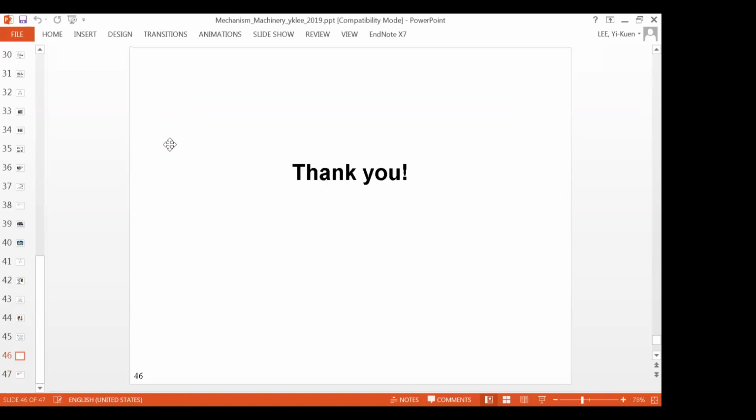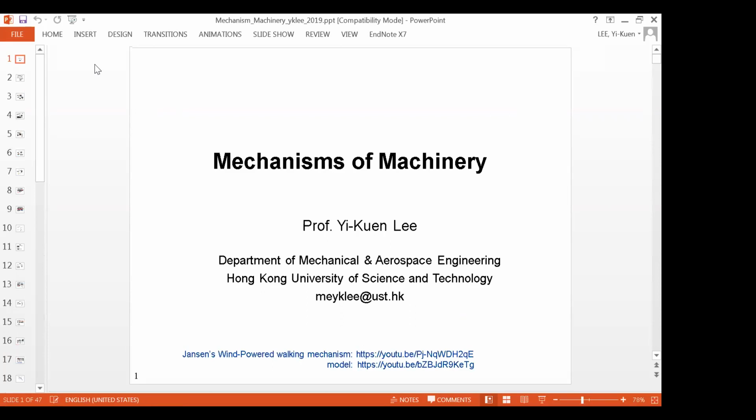Okay, so again, I just quickly give you a summary about this particular topic, right? So basically, mechanism is one of the key components for machinery, right? And the mechanism usually consists of several important components, right? So I showed you linkage. And then with linkage, no matter how complicated a robot is, basically you have what?